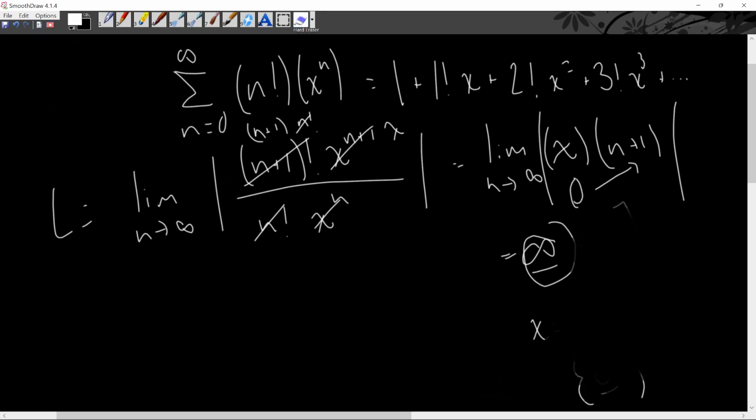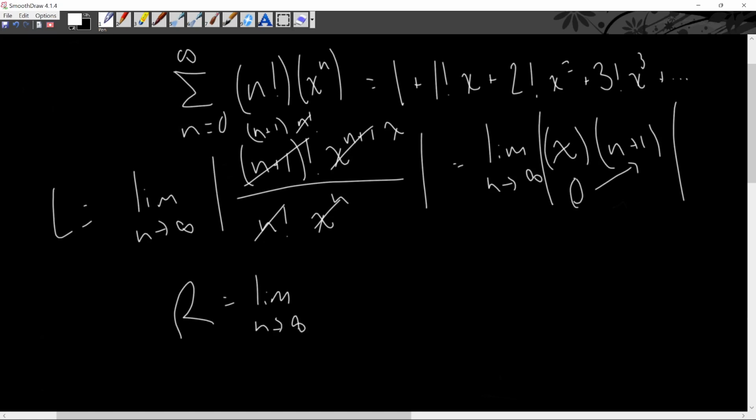But we can also write it the UC Davis way, because I actually prefer how this one looks. I think it's a lot easier to see why x is equal to 0. So they again said that the radius of convergence is equal to the limit as n approaches infinity of a sub n over a sub n plus 1.